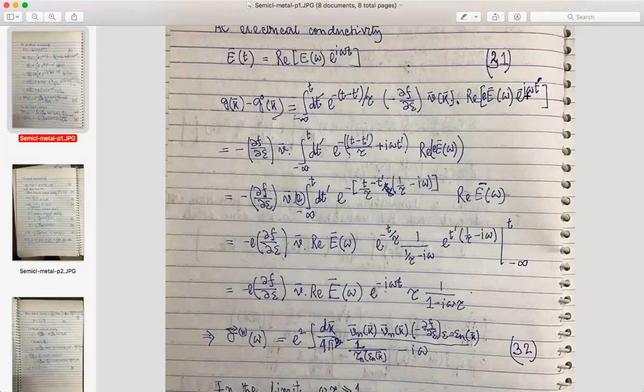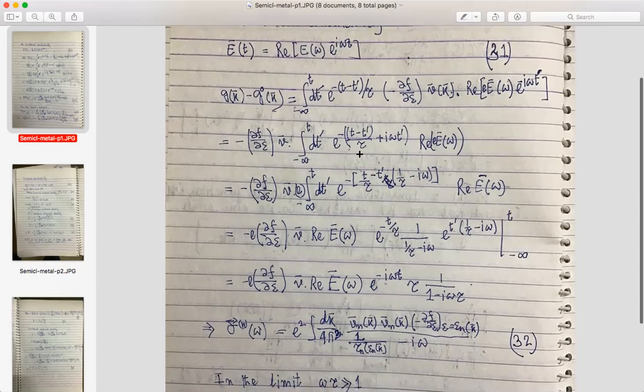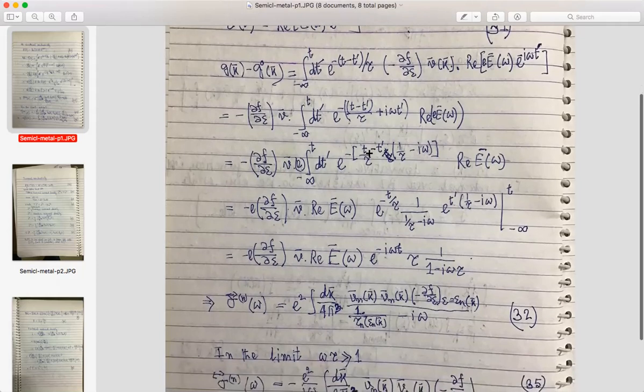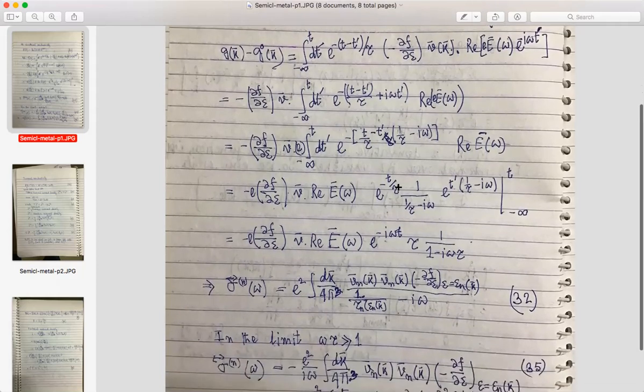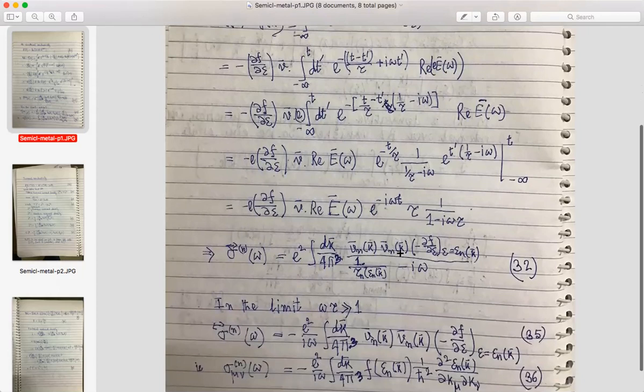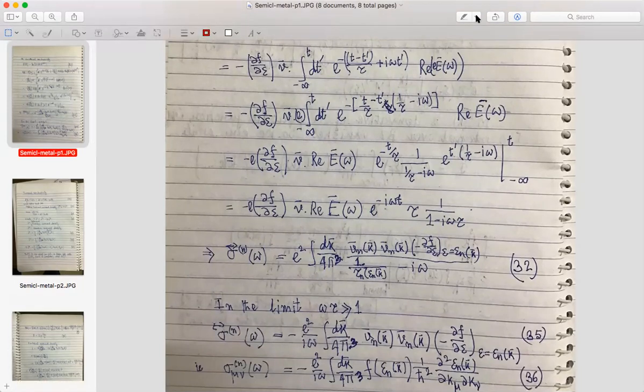So this is E of T primed. Then I can take this T primed dependence into this integral over here. After that, it's a simple integral over T primed, which you can easily perform. So I'll share these notes, and there's nothing very profound in this. You do the integral, you put in the limits. I'm integrating from minus infinity to T. So eventually you get this expression in this line.